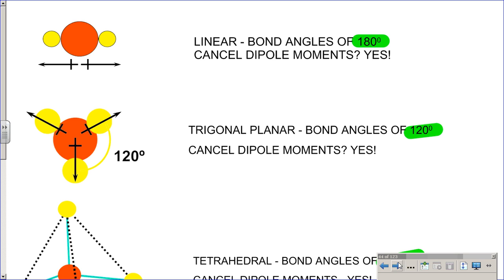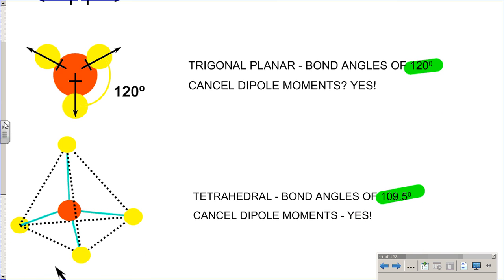The trigonal planars, if they all have the exact same bonds, so let's say boron trifluoride, of course with all the electrons, that would be considered equal, equal, equal. The dipoles would cancel each other out.